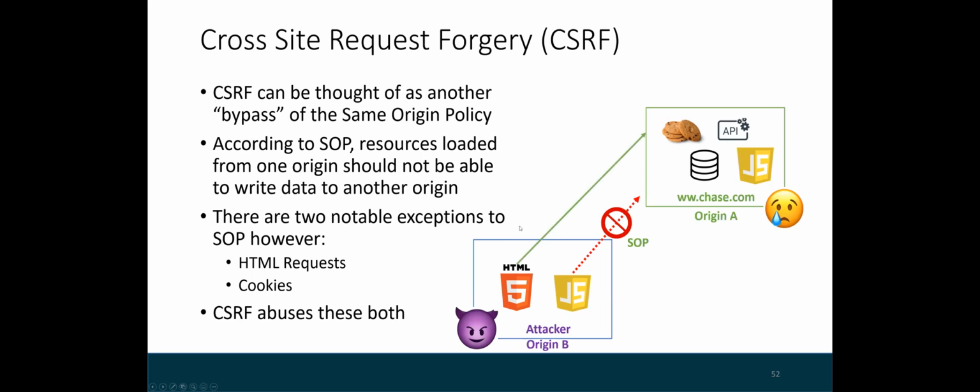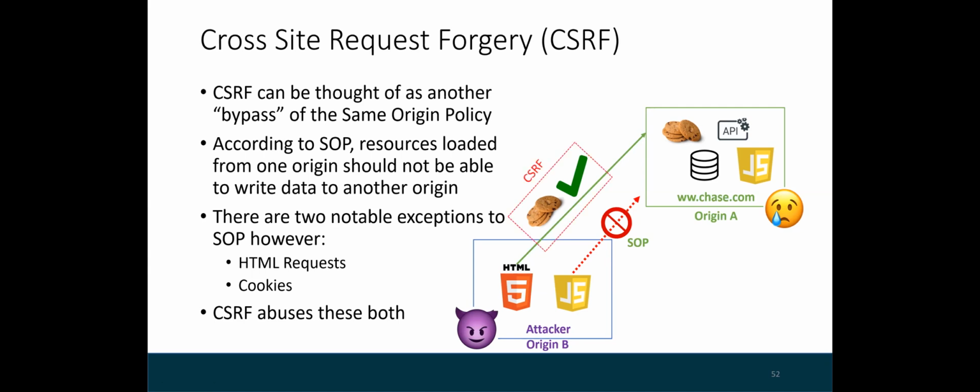Because same origin policy only applies to JavaScript, if we can make HTML send a request, same origin policy does not apply. And because HTML requests that come from the browser automatically include your cookies, we can abuse HTML and cookies to perform actions in an origin that we don't control.